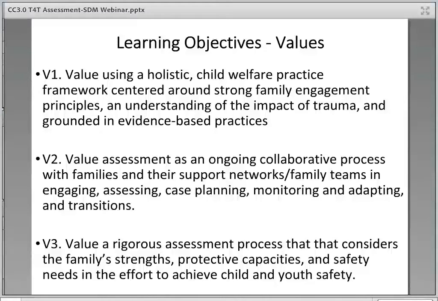V2, value assessment as an ongoing collaborative process with families and their support networks and family teams in engaging, assessing, case planning, monitoring and adapting, and transitions. V3, value a rigorous assessment process that considers the family's strengths, protective factors or capacities, and safety needs in the effort to achieve child and youth safety.